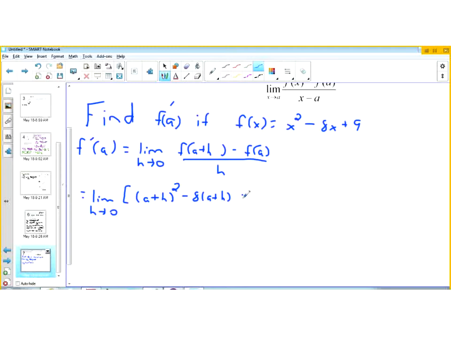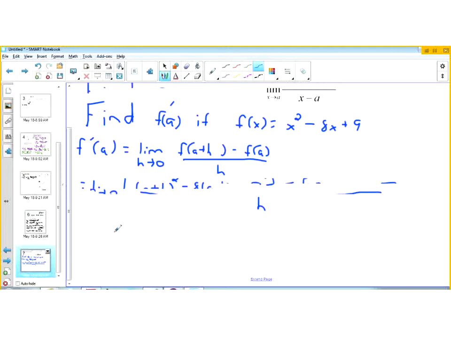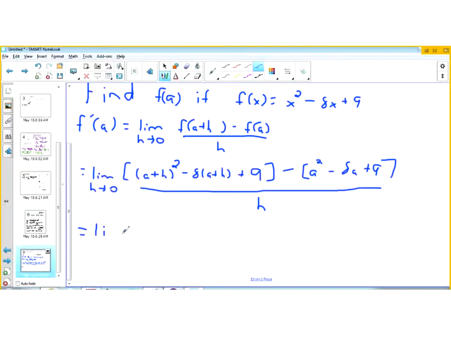So I'll have a plus h squared minus 8 times a plus h plus 9, minus, next I plug a into f of x, so that would be a squared minus 8a plus 9. And all of this divided by h. Now I have to take the limit as h approaches 0 of this rational function. That means I have to do quite a bit of algebra here.